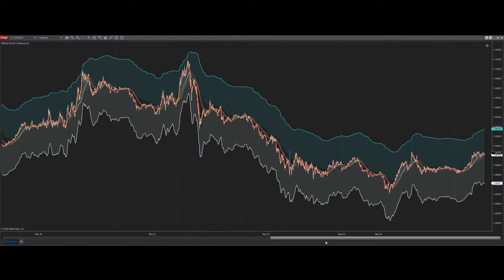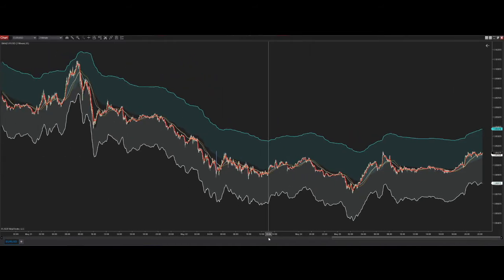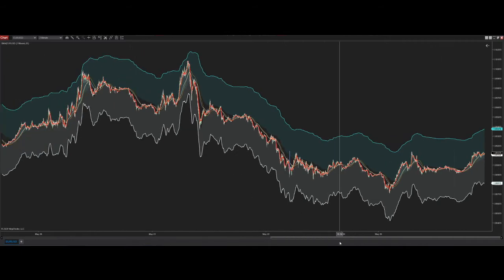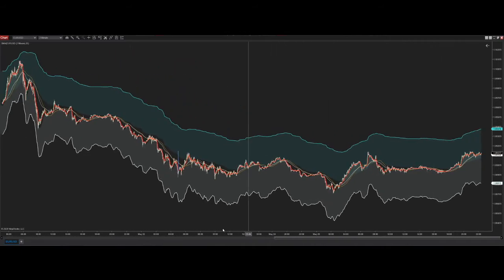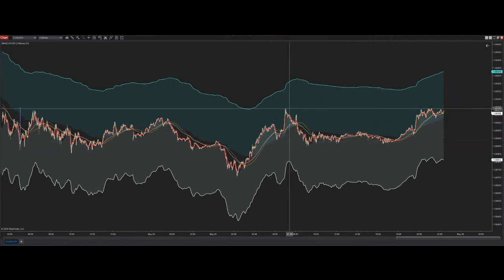Here same on 2 minutes, so different time frames giving different signals. But the white line didn't come in, it stayed under, just here's again, went in, pullback. So this could be now top.